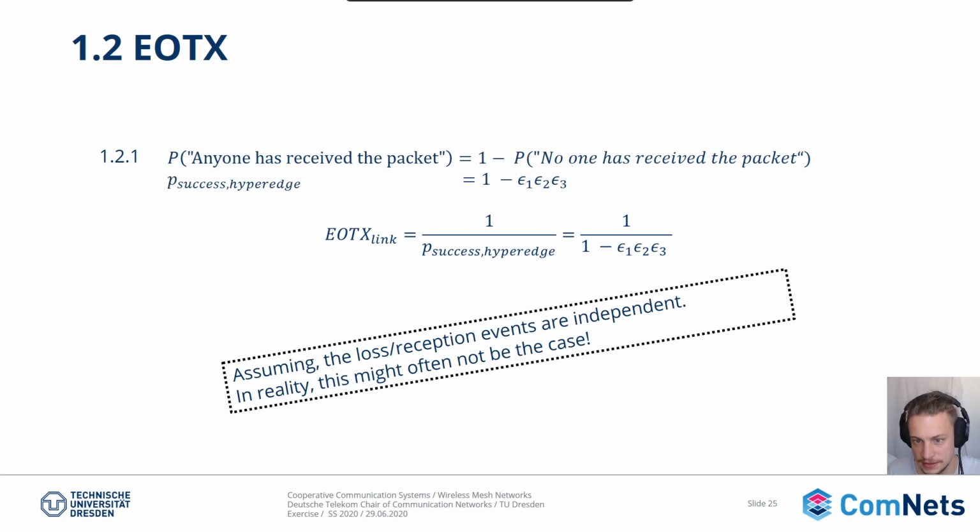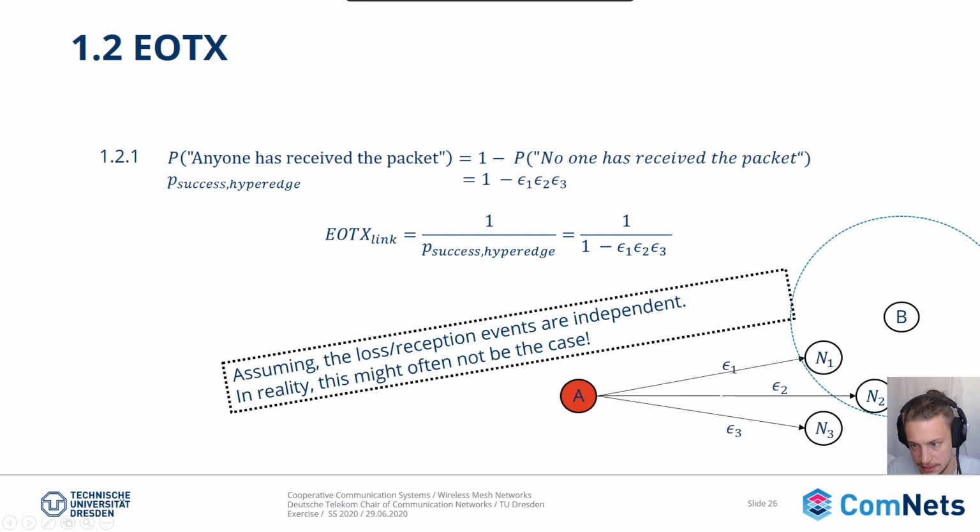The task said that the loss and/or reception events are independent, so there's no correlation between losses or receptions. In reality, this might often not be the case. Let's assume we have the same setup as before, and we have another node B here, which is not in range of A. So if A starts transmitting, B might not notice.